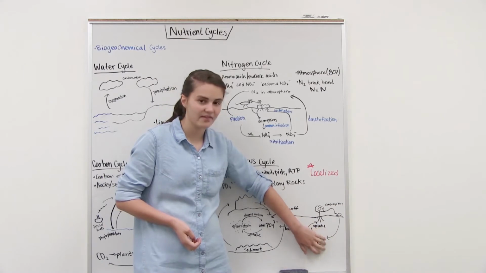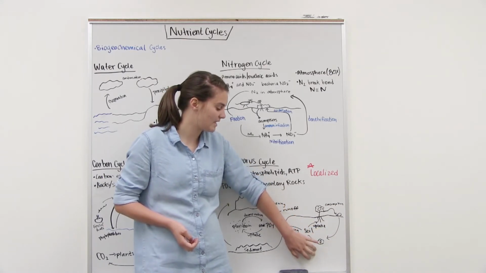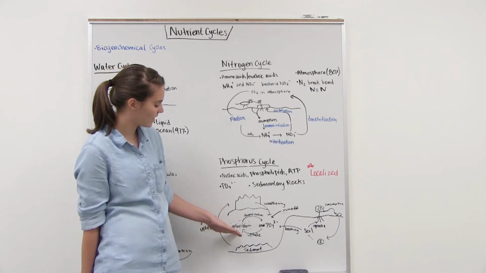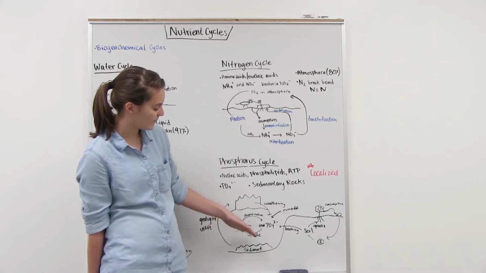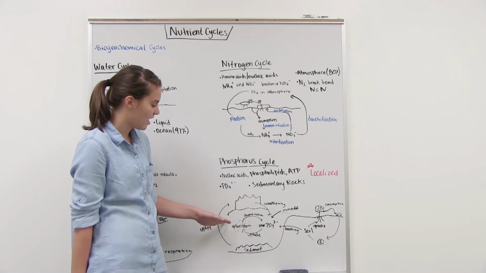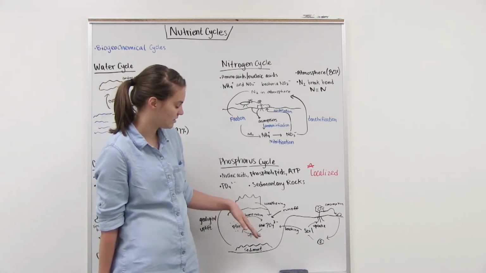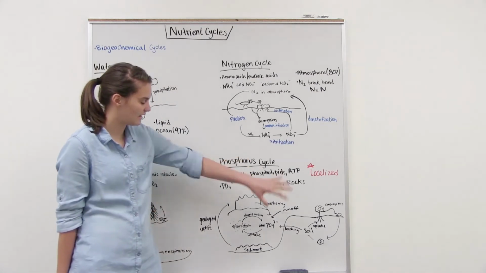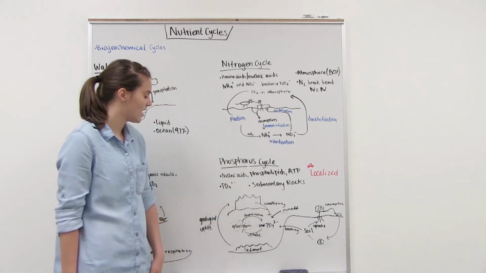And then when they die, phosphate is put back into the soil. Or we can have different aquatic things like plankton that uptake this dissolved phosphate, and then when they're decomposed after they die, it can be put back in. And so again, this is going to be more localized.